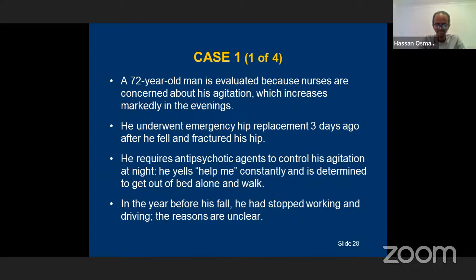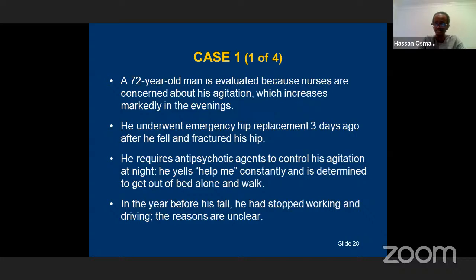The first case is talking about a 72-year-old man who is evaluated because nurses are concerned about his agitation, which increased markedly in the evening. He underwent emergency hip replacement 3 days ago after he fell and fractured his hip. He requires an antipsychotic agent to control his agitation.